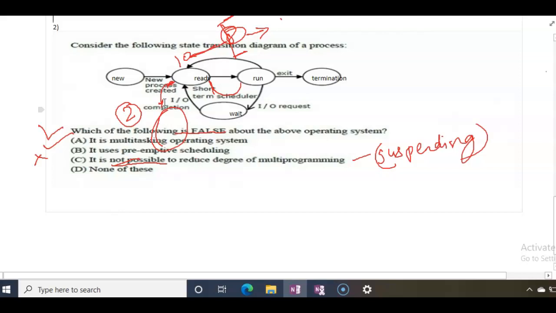So yes, we cannot reduce the degree of multi-programming because there is no suspension state. If there were a suspension state, then we could reduce it, but at this time we cannot. So this statement is always correct, because it says that it is not possible. So the second statement is not correct, and since it asks for the false statement, the answer would be B.